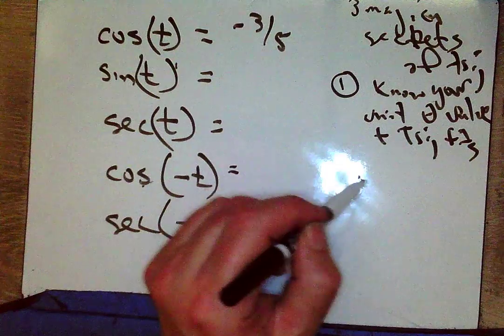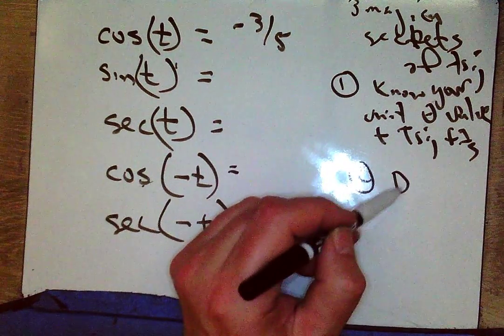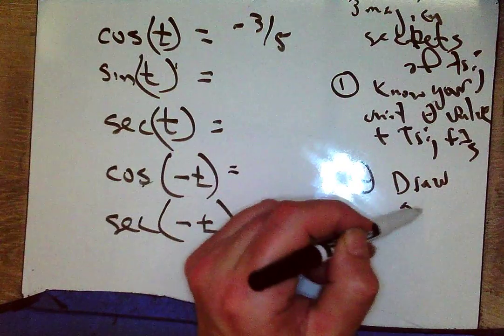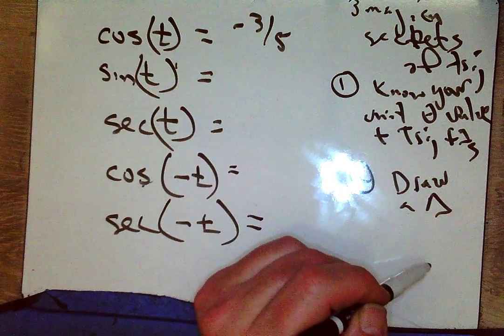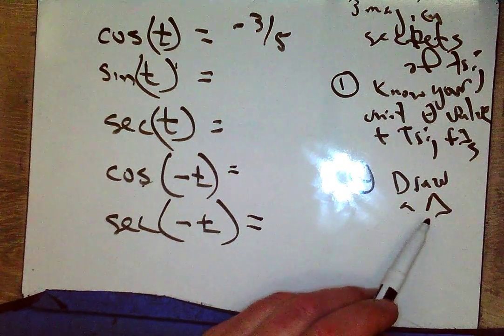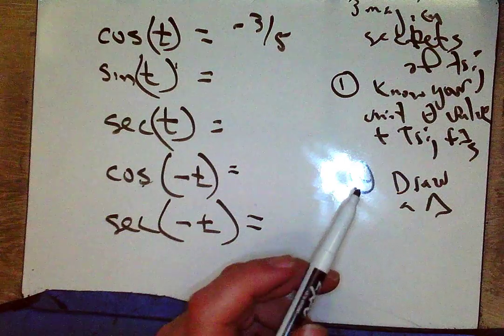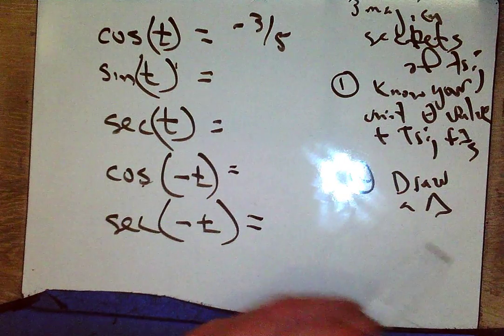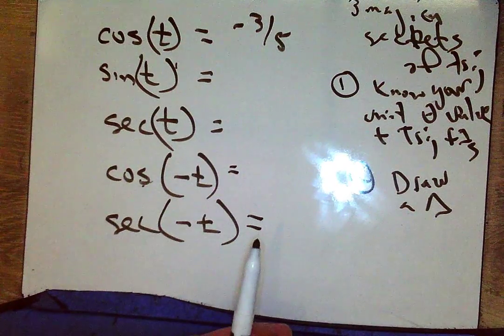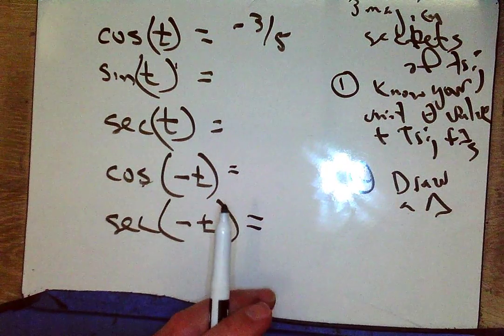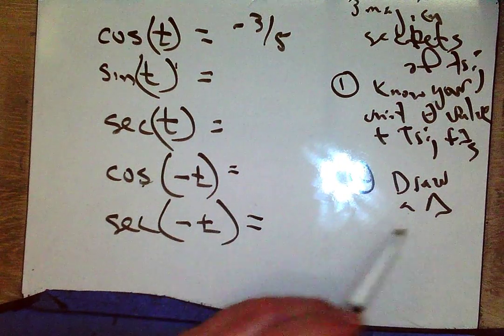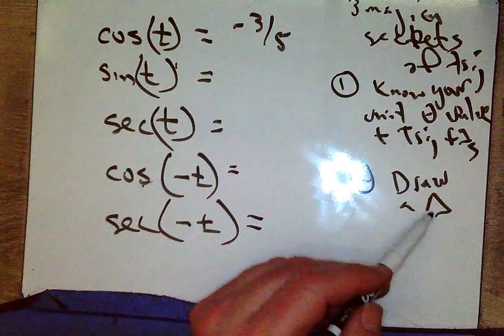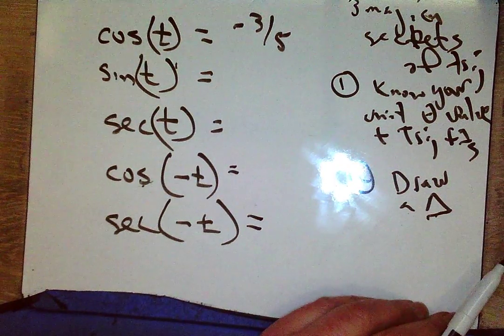So, second magic secret of trigonometry is draw a triangle. And what I'll say is this triangle is always going to be a right triangle in the Trig Basics unit. When we get to later trig units, because I think we have 4 or 5 of them to go through, it doesn't have to be a right triangle anymore.